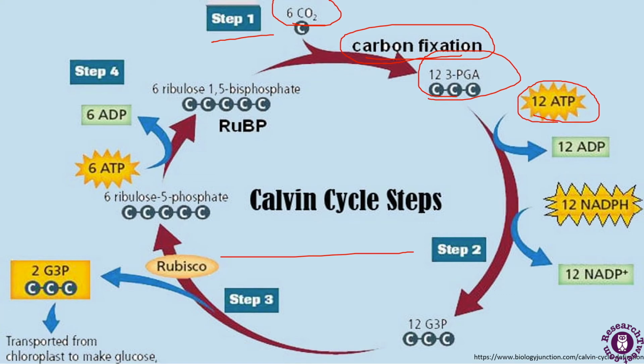The 12 ATP will be required in order to produce 12 ADP, and then the 12 NADPH molecules will be required to convert to 12 NADP plus ions. Then it will convert into 12 G3P.